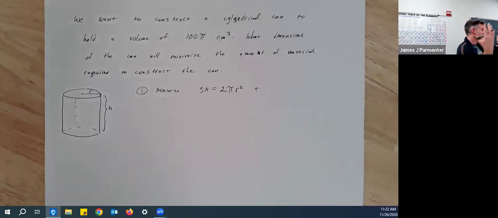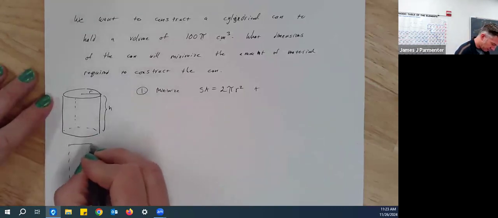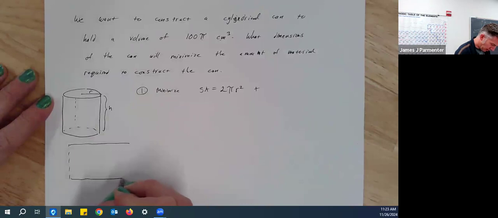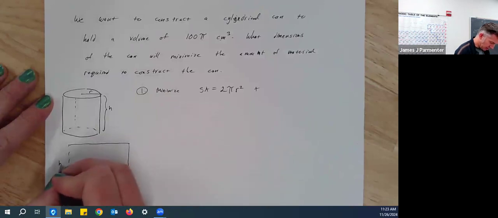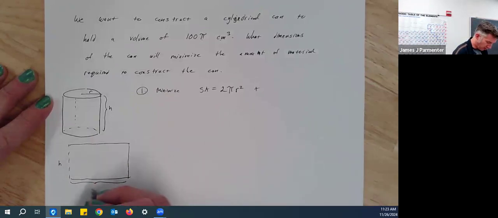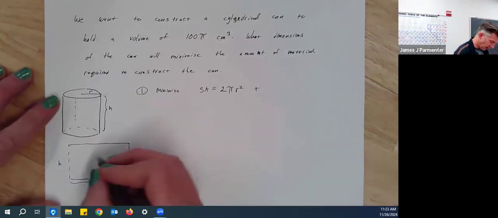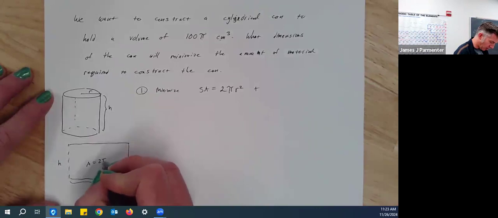A rectangle. The rectangle still has the same height, but what's the length? 2 pi r, right? Because you've gone all the way around the circumference of the circle.